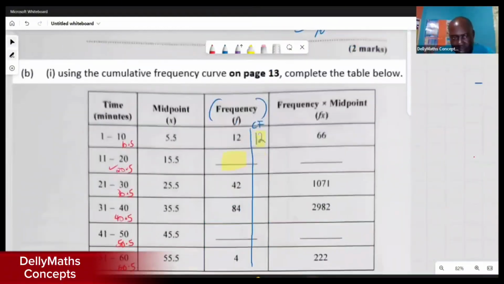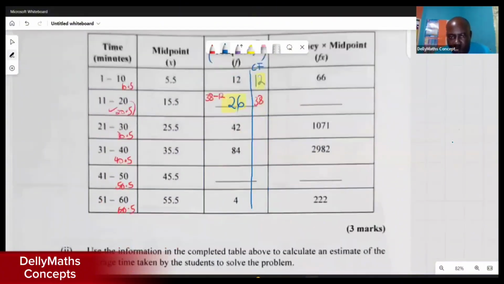So at 20.5, I'm getting the cumulative frequency to be 38, which means that the frequency is found by subtracting. So the frequency is 38 minus 12. If I have 38 and I take 12 from it, 26 is the frequency that I have. Now I have the other frequencies.